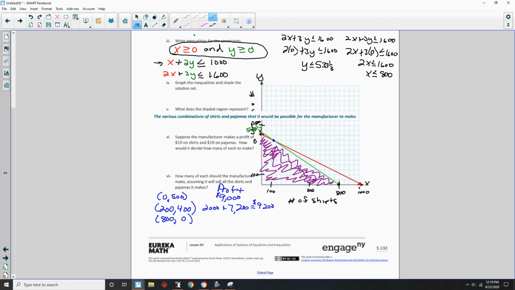Okay, so they don't want to do the first one because they make $200 more at this point. Now I need to just check this one. 800 times $10 is 8,000, plus $18 times 0 is 0, and that is 8,000. So the biggest profit is at this point where they intersect: $9,200 for 200 shirts and 400 pairs of pajamas.